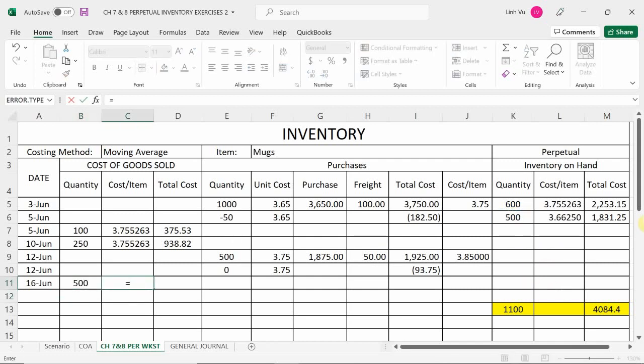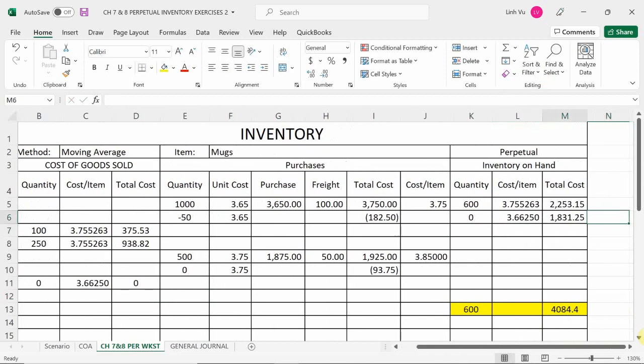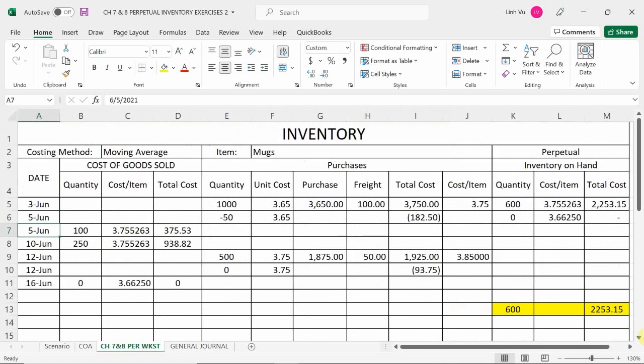Since we know it's going to be 500, we are going to take out this whole batch of inventory, and we'll assume that we sold a total of 1831.25. So we're going to get rid of this batch of inventory right here because it no longer exists.